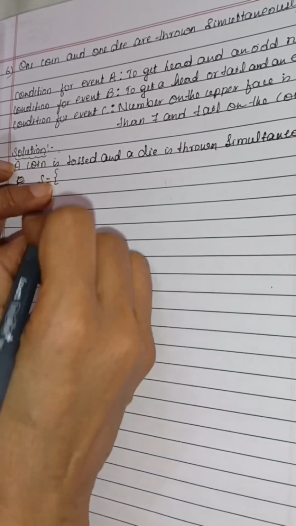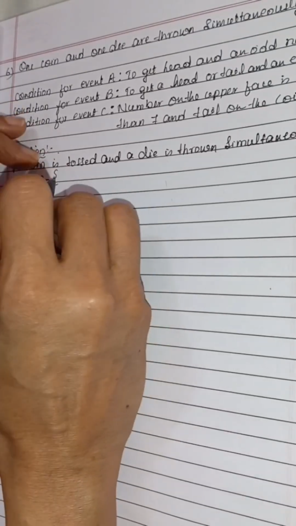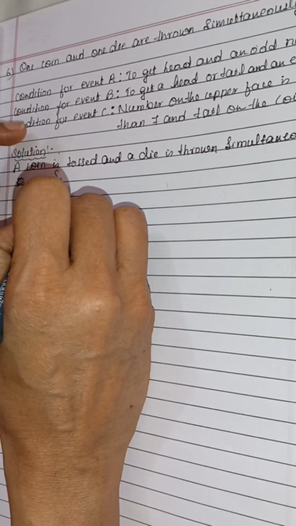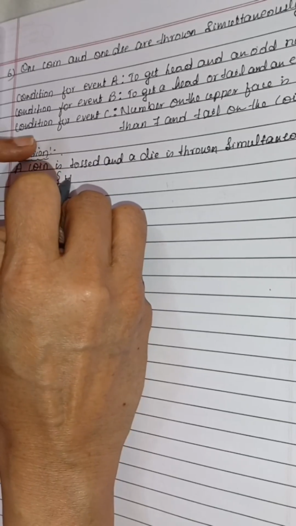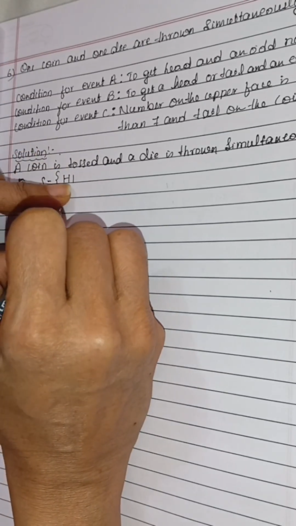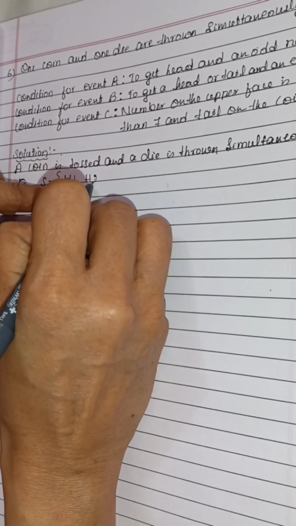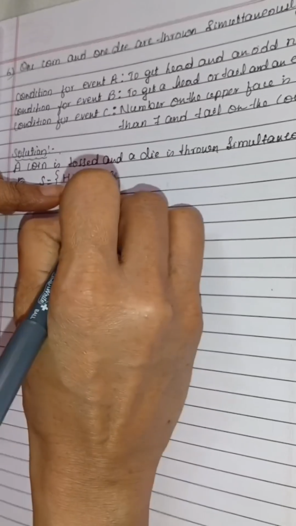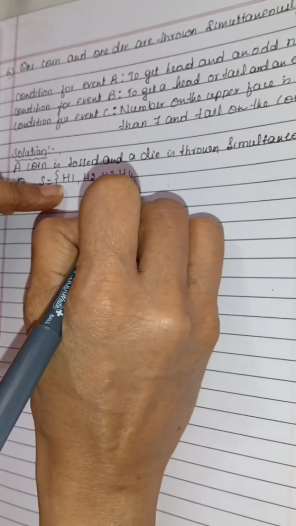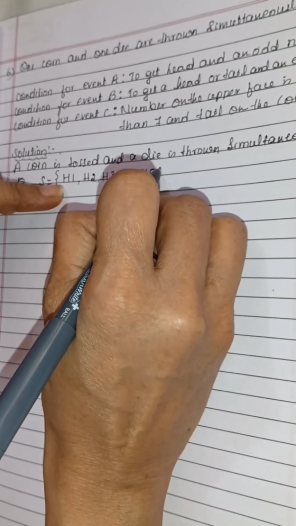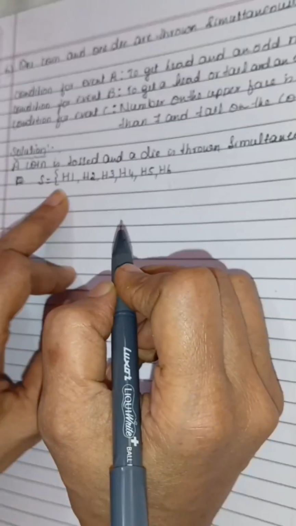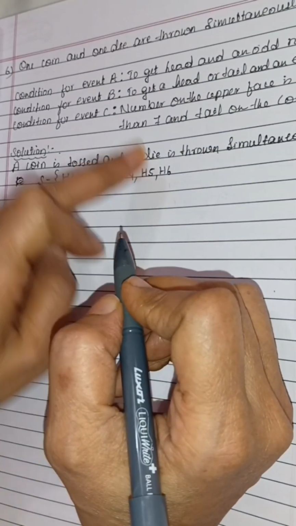What is the sample space? One coin and one die. So H1, H2, H3, H4, H5, H6. These are the possibilities: head and 1, 2, 3, 4, 5, 6 of the die.